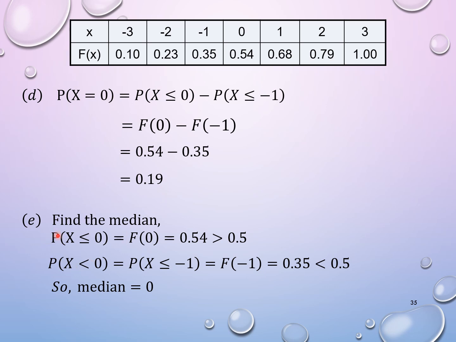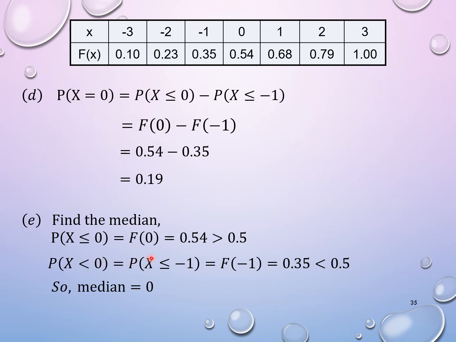And E, probability x less than or equal to 0 is actually equal to F(0). So F(0) is 0.54, which is greater than 0.5. Question E actually needs you to find the median. So we take any value over here to make sure it's greater than 0.5 and less than 0.5. Then the second one is probability x less than 0, but does not include 0.